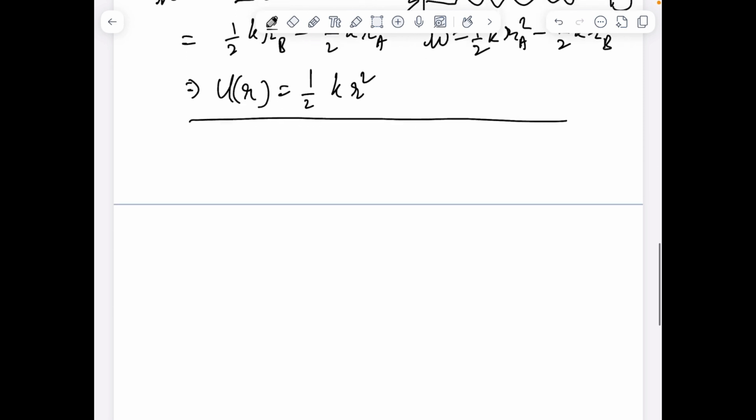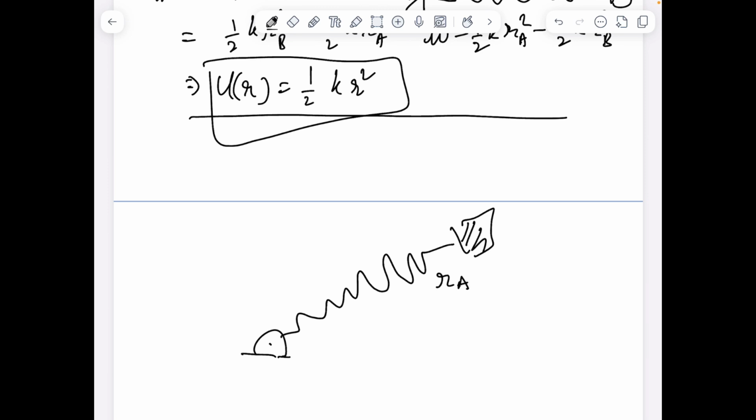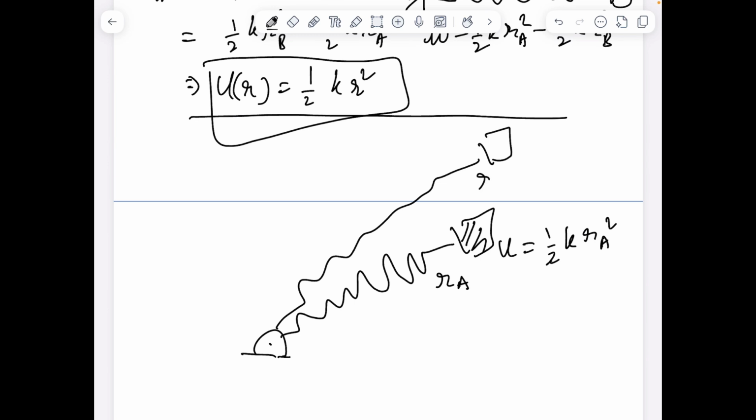So what this half K R squared means is that, let's say if we have this spring, and when the body is at Ra, the value of potential energy is half K Ra squared, and when it is at a different position Rb, the value is half K Rb squared.